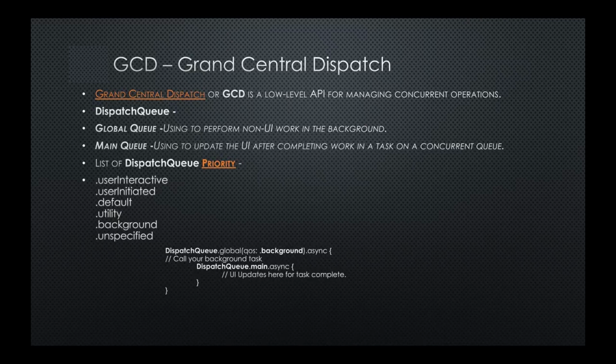Over here I want background, so I want it to run in the background, and then async, so it will run asynchronously, and then you can write whatever background task you wanted to perform. And then DispatchQueue.main.async: in this block, you will be writing all the UI updates. So whatever you want to do once this operation is done, whatever UI update you want to do, you can write in DispatchQueue.main.async.